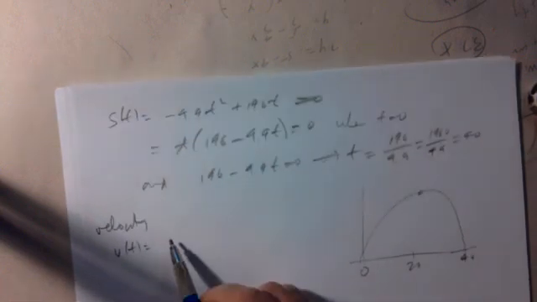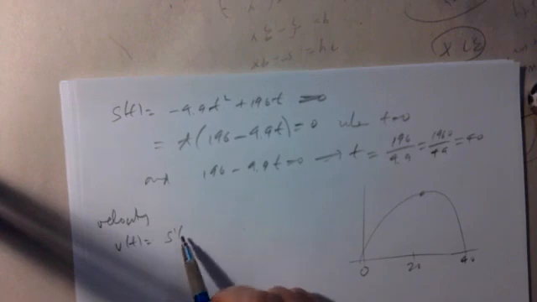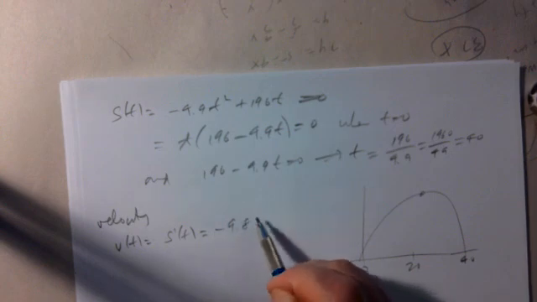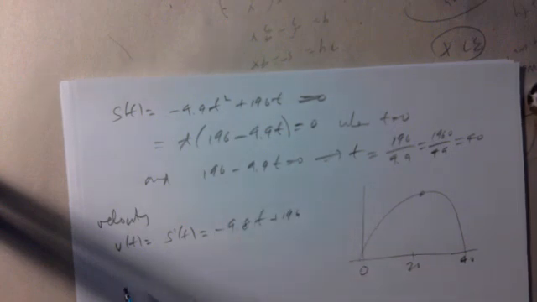So the ball is shot up into the air, and it hits the ground at 40 seconds. It gets its maximum height at 20. And the velocity when it hits the ground is the derivative of the height. The derivative we already saw is minus 9.8 t plus 196.